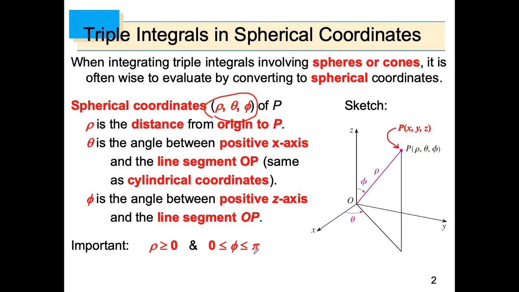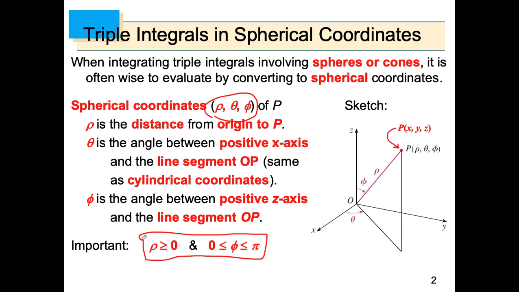And pi over 2 to pi gives us the lower half of the sphere in spherical coordinates. These are very important facts that we must keep an eye on when dealing with spherical coordinates. You cannot violate these facts.